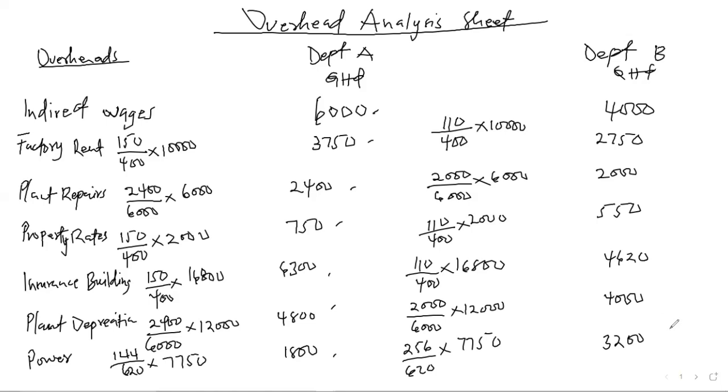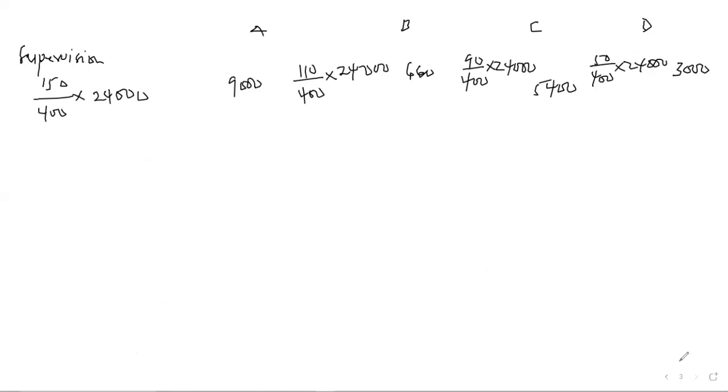So when we add the total value for department A, you have total overheads.